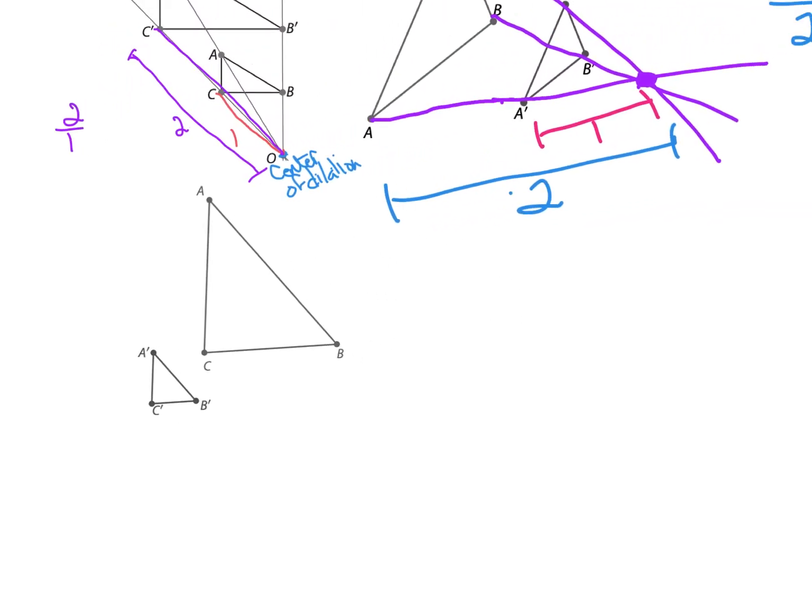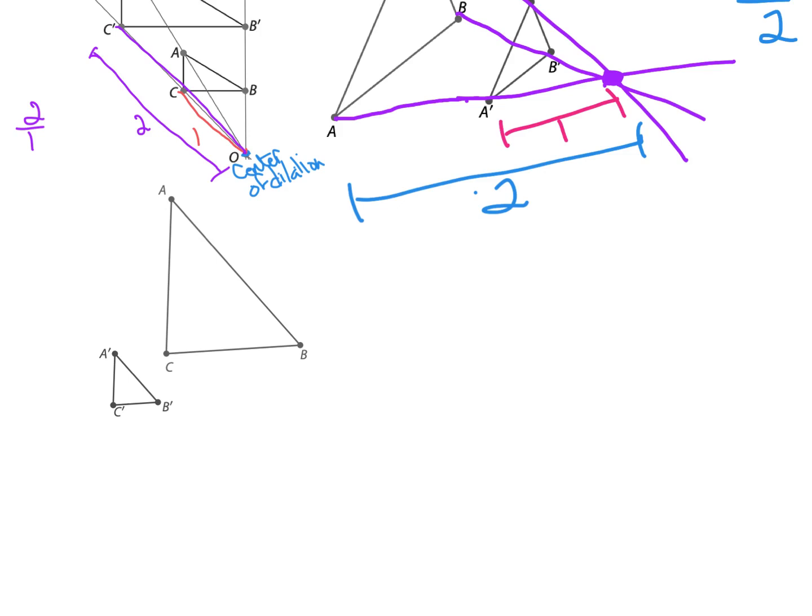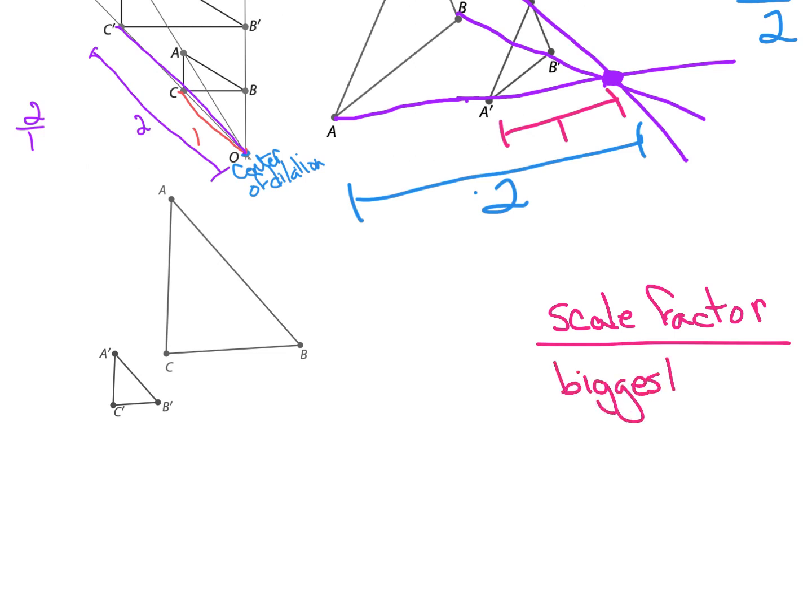So that scale factor, let's just say this. The scale factor, if the image gets bigger, it means the scale factor, which we're going to call K, has to be greater than 1.